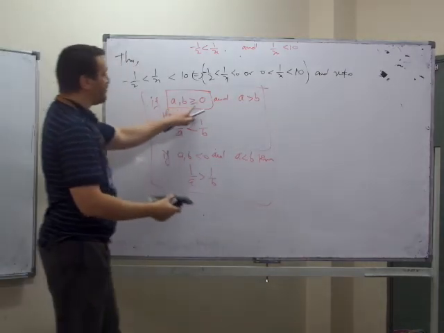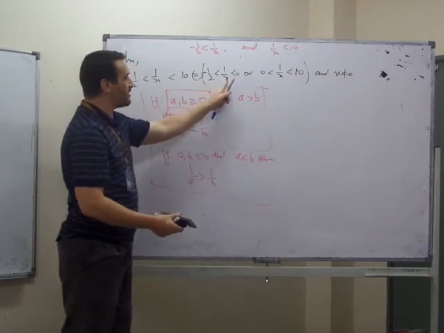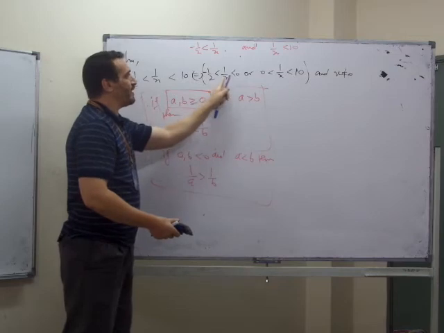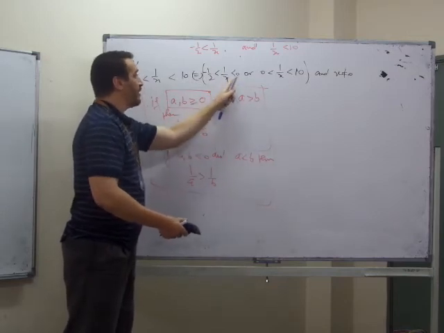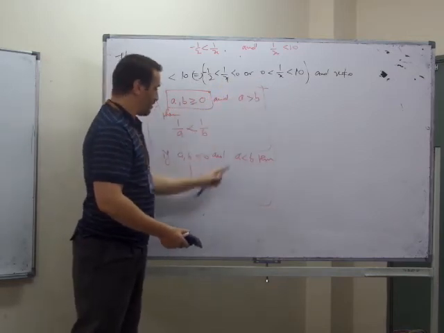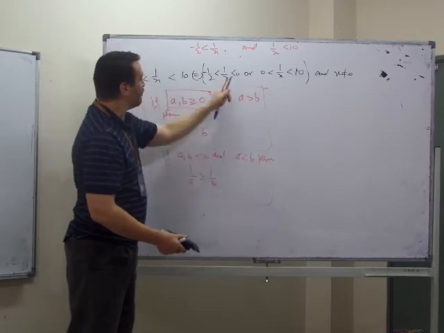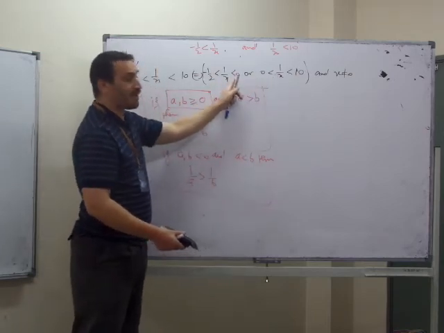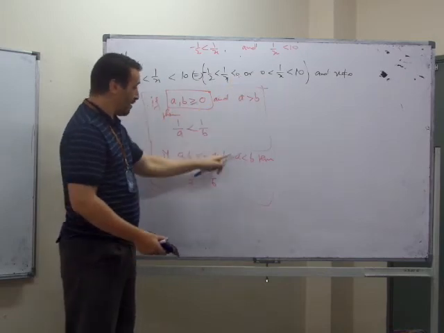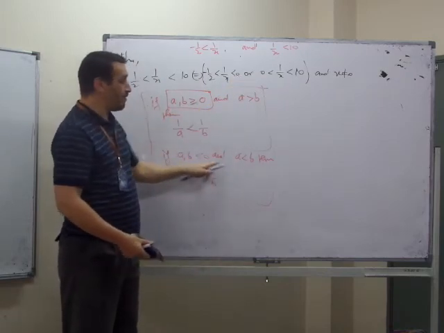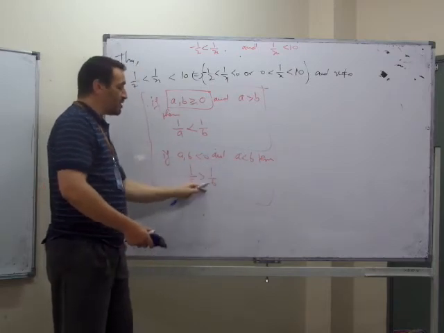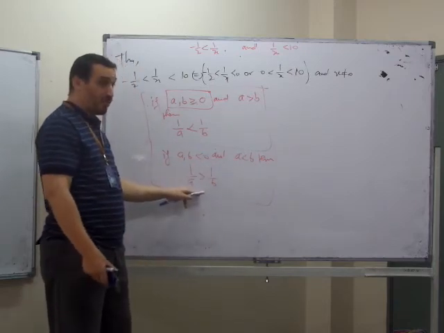Now, since I have this information, A less than B, or B less than A, never mind, B bigger than A, and both of them are negative, right, in this case I'm satisfying the if, right? Then I have a right to invert the quantities and invert the order.